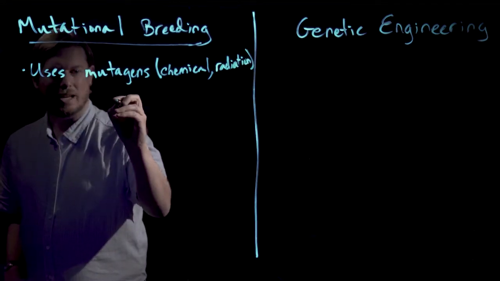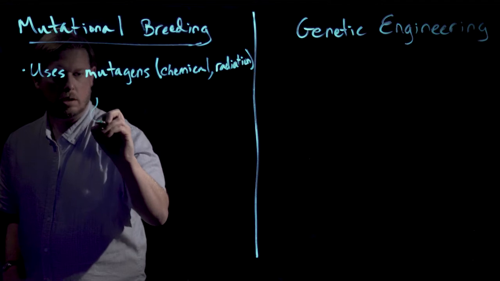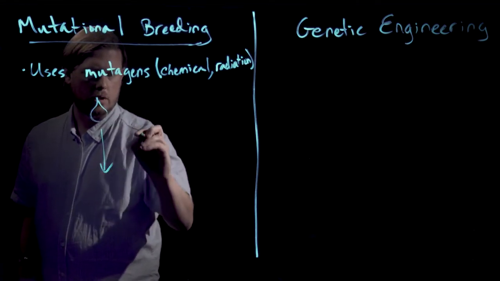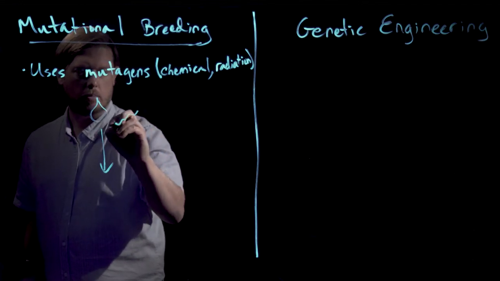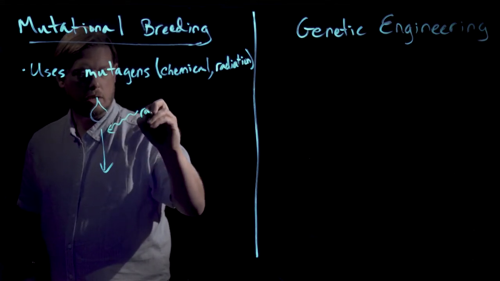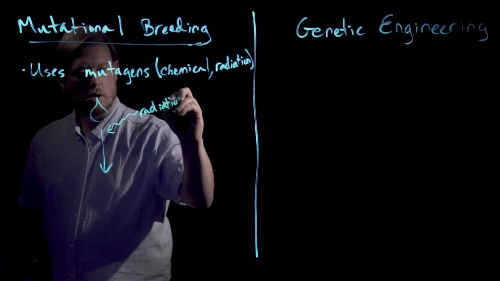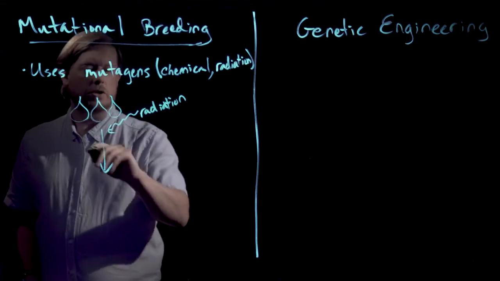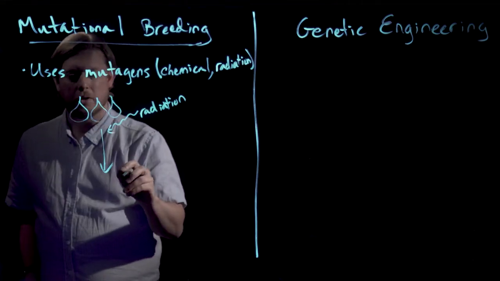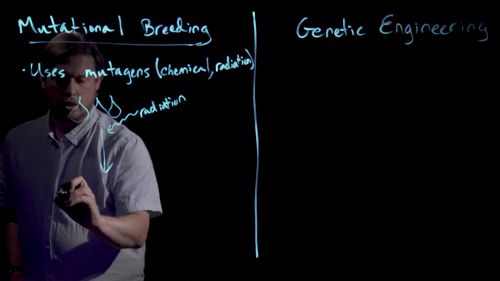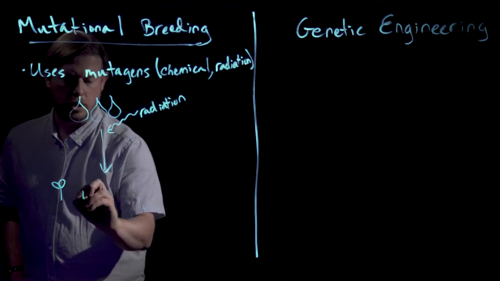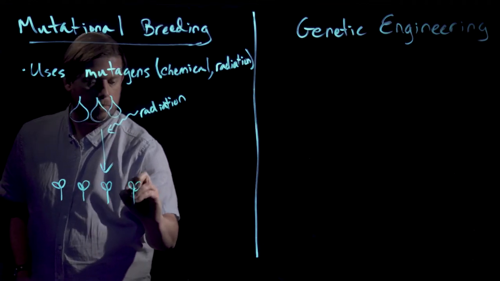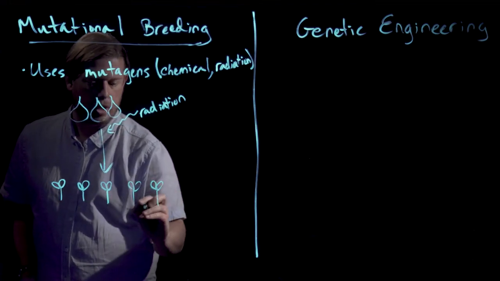And so if you take a seed and you expose it to some mutagen, so let's say we shine in some X-ray radiation, and we do this to a bunch of seeds, we're going to be introducing a whole bunch of random genetic mutations to that population, and then we can grow some of those seeds and assess the progeny for the presence of traits that we're interested in.